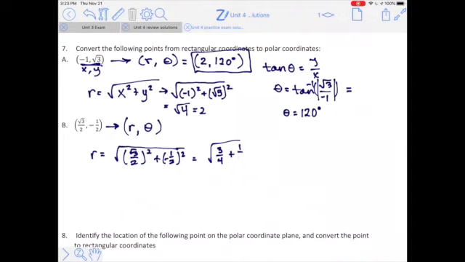And then negative 1/2 squared is 1/4. So 3/4 plus 1/4 is 4/4, or 1. Square root of 1 is 1. So r equals 1, and then theta is the inverse tangent of y over x.